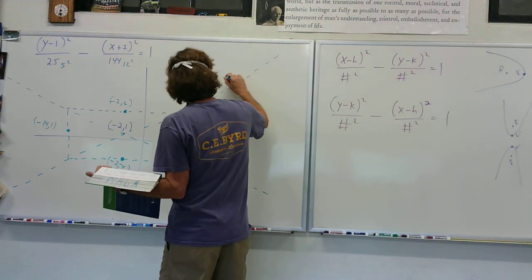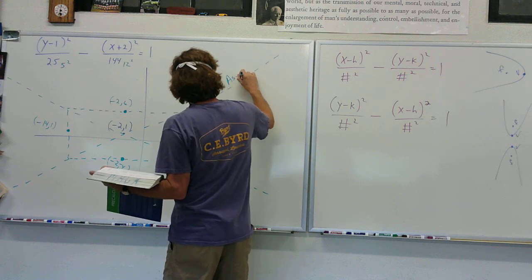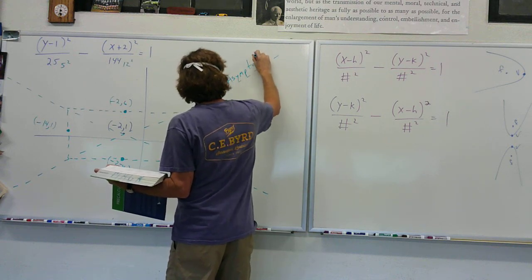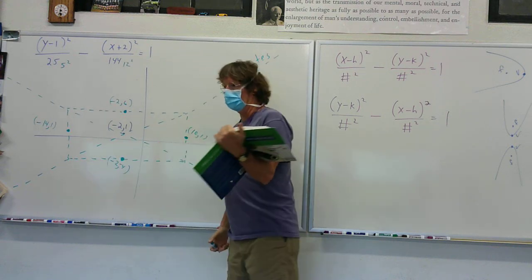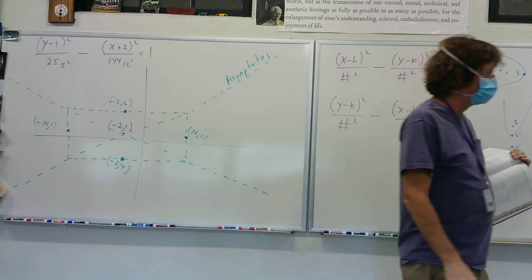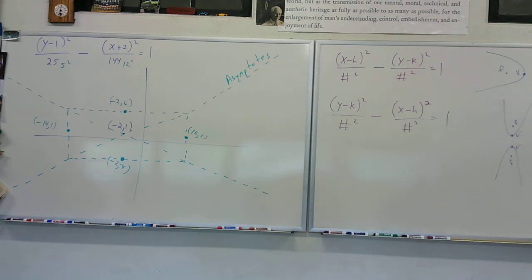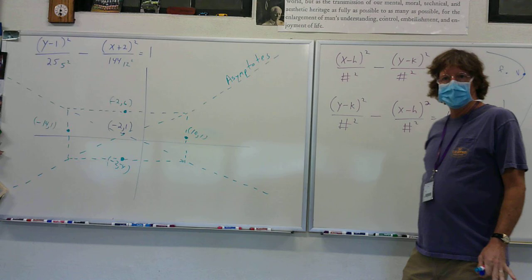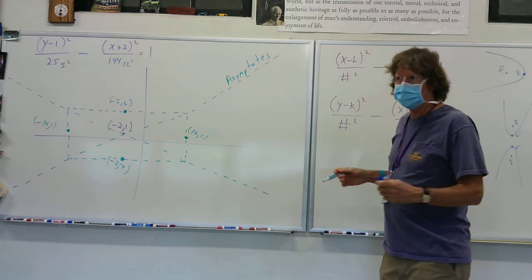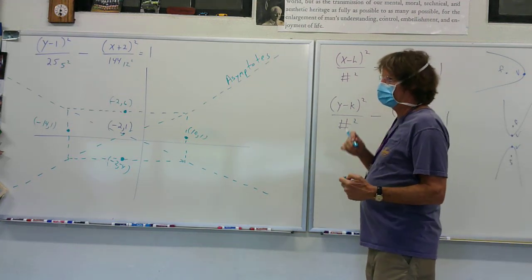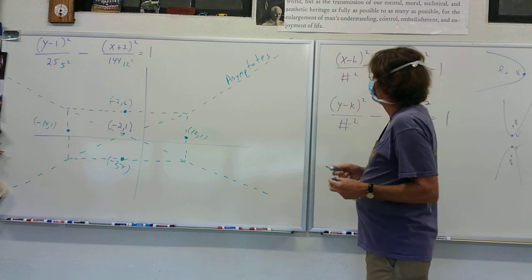These 2 lines are called asymptotes. They're real important, and they're real handy for later on. You use them in a lot of math because they make math easier down the road.